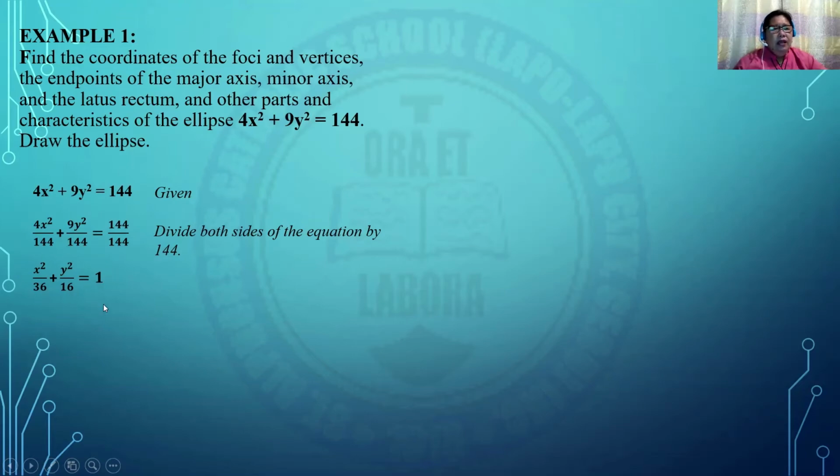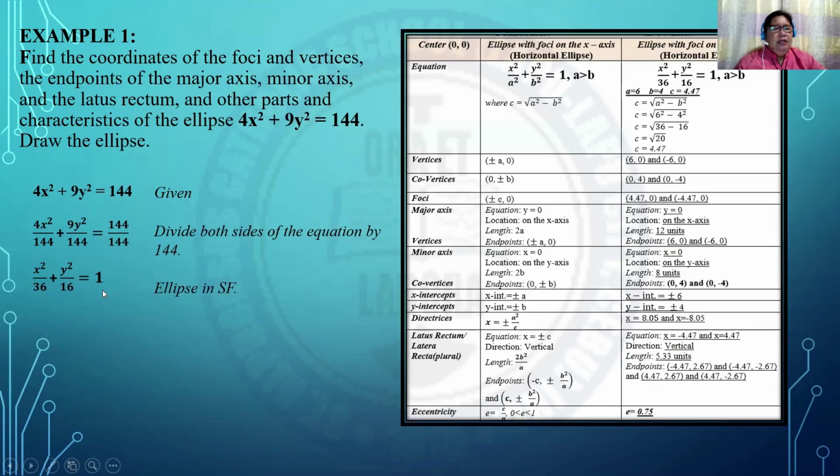So you have now the standard equation of the ellipse. With this, you will be able to identify the value of a, which is 6, the value of b, which is 4, and solving for the value of c, all you have to do is to substitute 6 to a and 4 to b. So c is the square root of 20, which is equivalent to 4.47.